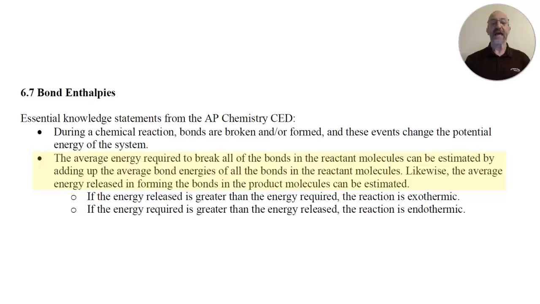Likewise, the average energy released in forming the bonds in the product molecules can be estimated. And if the energy released is greater than the energy required, the reaction is exothermic. On the other hand, if the energy required is greater than the energy released, the reaction is endothermic.